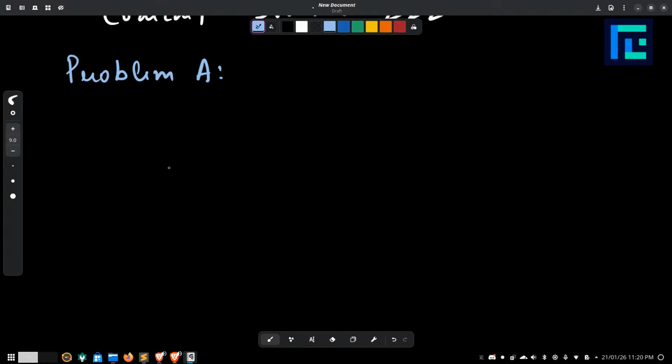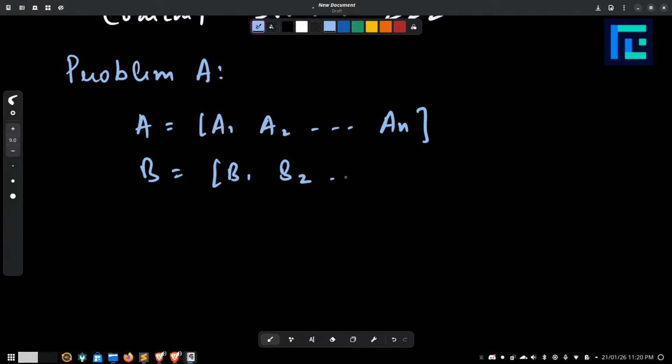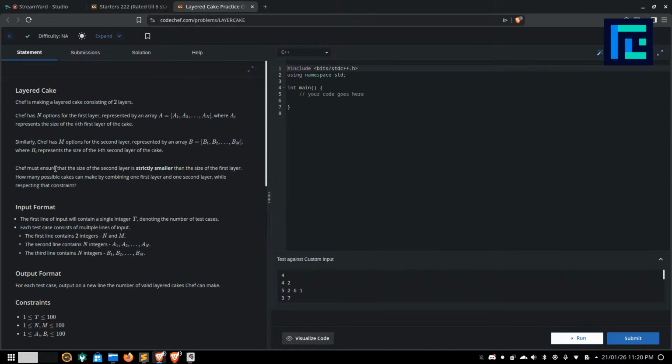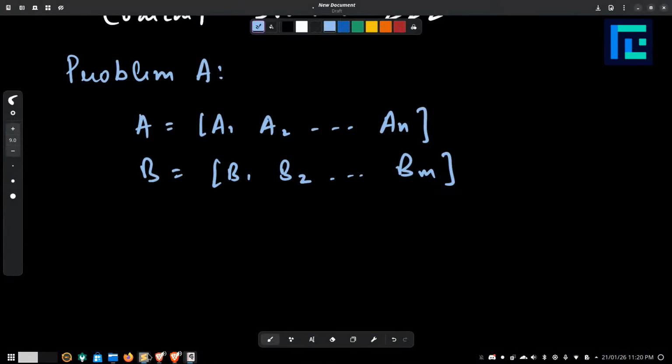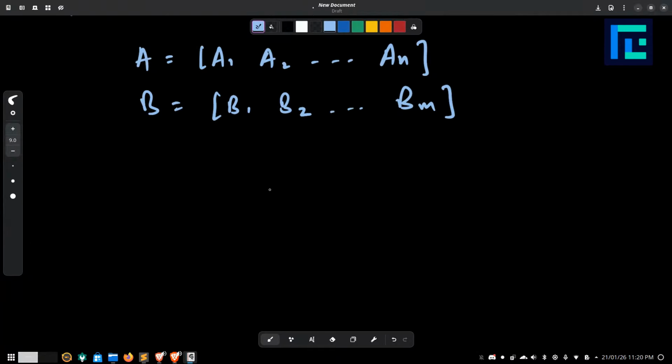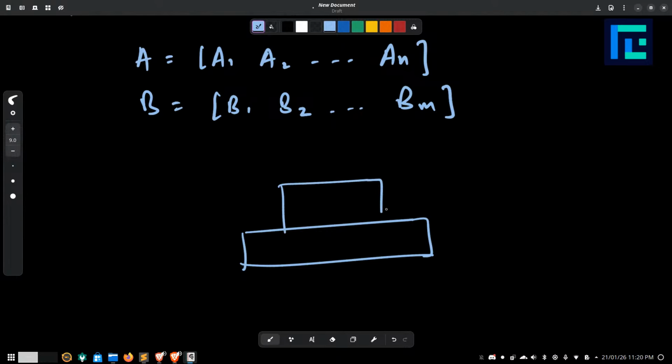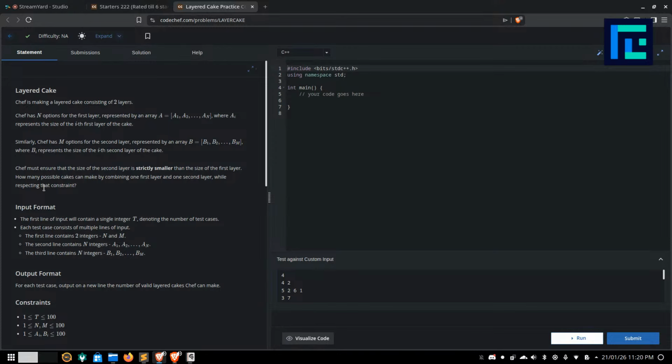Problem A, basically chef has two arrays, A, which is A1, A2 till AN, and B, which is B1, B2 till BM. And chef is trying to make a cake of which the size of the second layer is strictly smaller than the size of the first layer. So if this is the first layer, then the second layer must be strictly smaller.